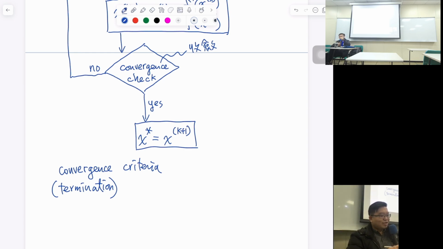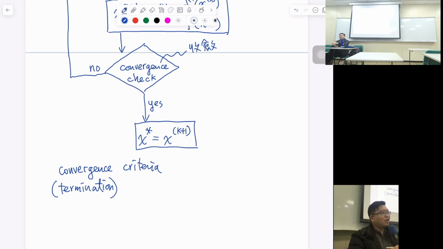Sometimes this is very important, because if you choose the criteria poorly, you may get bad results. So if you write a paper about optimization, you want to describe how you got the solution, and you had better describe how you determine the convergence criteria.